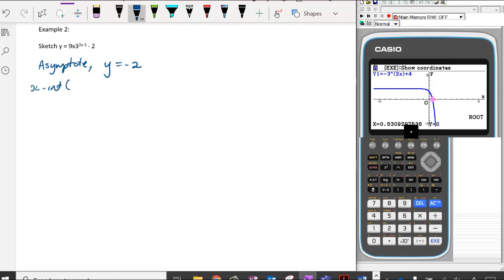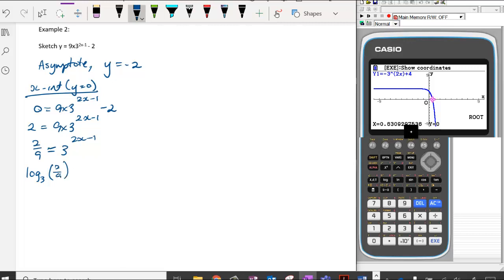Our x-intercept is when y is equal to 0. So we've got 0 is equal to 9 times 3 to the power of 2x minus 1, minus 2. So if we add 2 to both sides, we've got 2 is equal to 9 times 3 to the power of 2x minus 1. Divide by 9, we've got 2 on 9 is equal to 3 to the power of 2x minus 1. And when we take the log base 3 of both sides, we've got log base 3 of 2/9 is 2x minus 1.